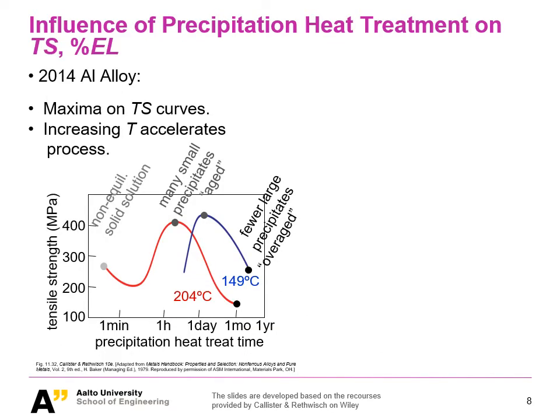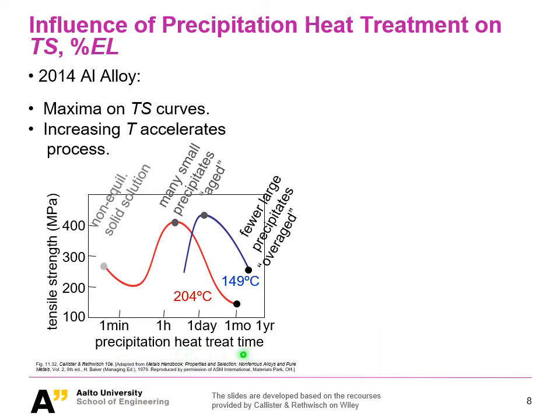And so after this precipitation hardening, what will our material properties become? Here I'm giving you a diagram for this 2000 series aluminum alloy. The x-axis for this diagram is the precipitation heat treatment time.